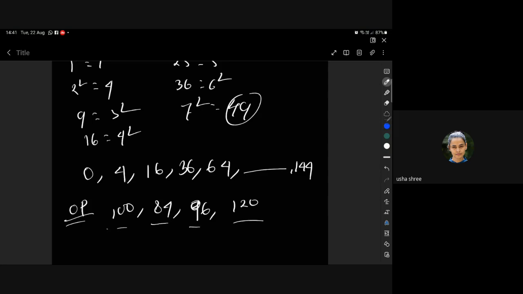These are the 4 options, and this is the question. What is the missing number? 100. One answer is 100. Any other answer? 120. Okay.